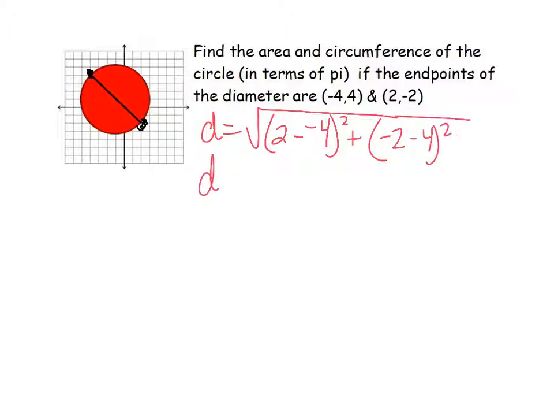All right, let's see if this comes out nice. That's going to be a 6 squared. The next one's going to be a negative 6 squared, which actually would give us 36 again, which is the square root of 72. Now 72 is not a perfect square, but it certainly does reduce.